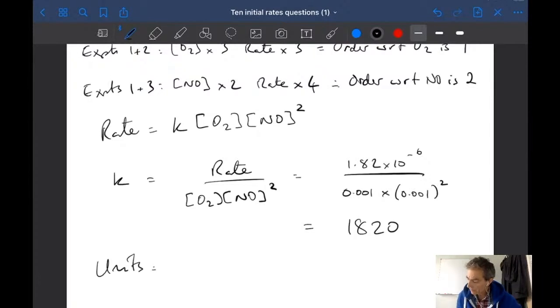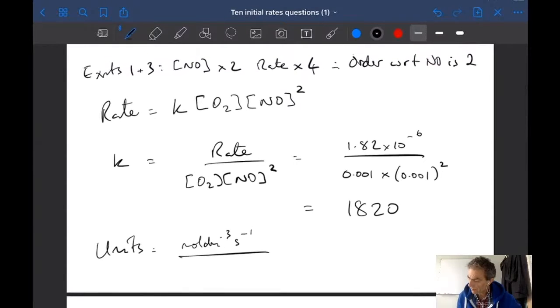So the units of K. The units of rate on the top are moles per decimeter cubed per second. The units of the concentrations are on the bottom, but remember we've got to square the NO. You can either do moles per decimeter cubed squared, or sometimes students like to see everything written out, which is literally just writing 2 side by side.